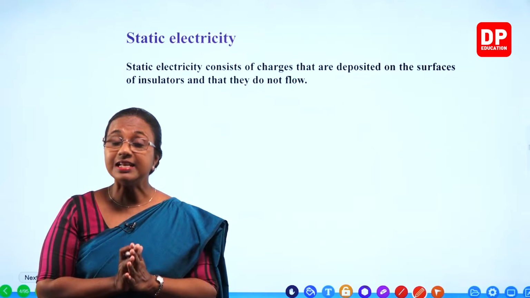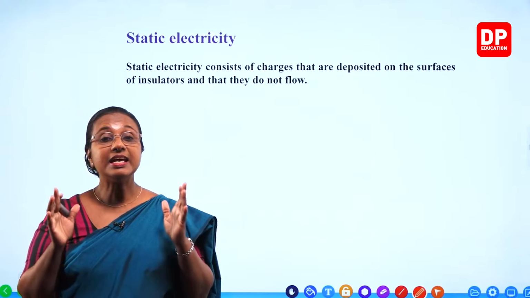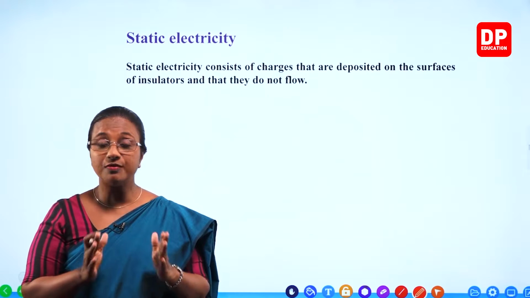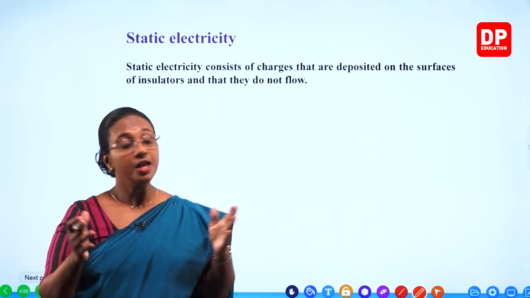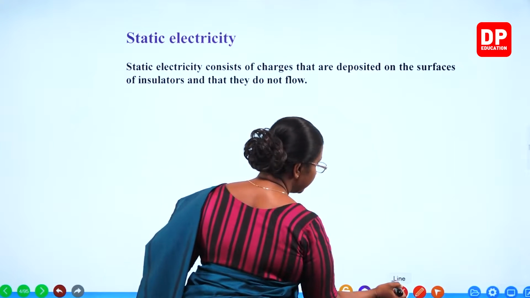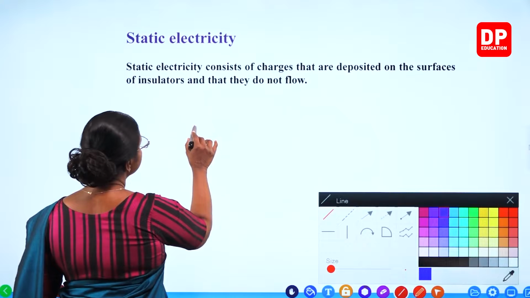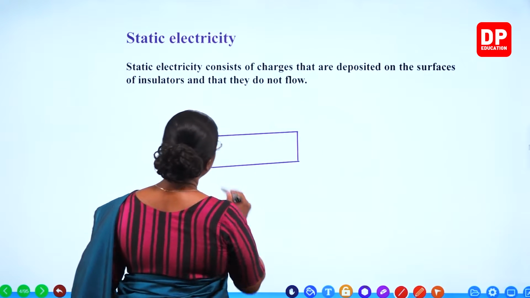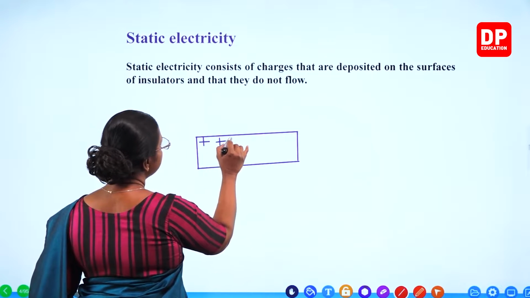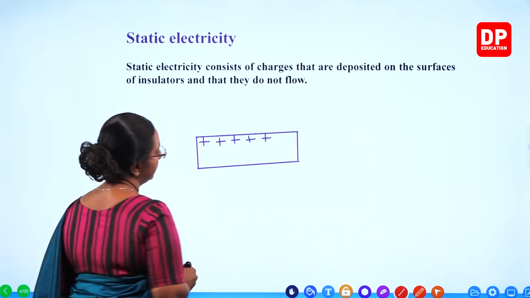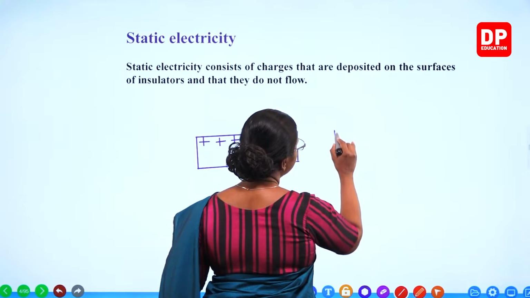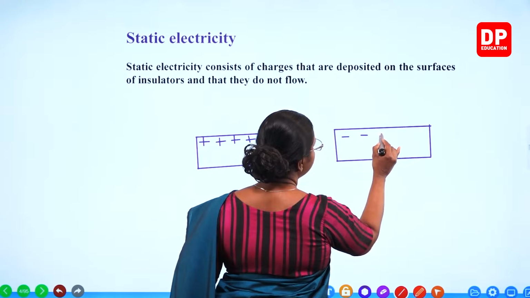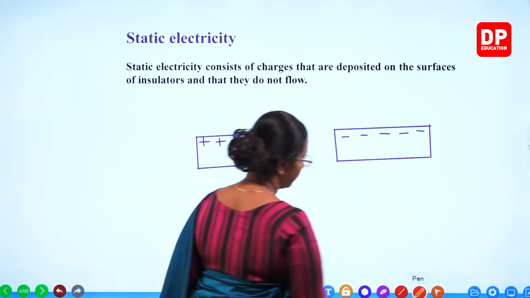So when we say static electricity, it is the electrical charges that are formed on the surface of an insulator. So for example, if you have a plastic material and there are, let's say, positive charges formed on it, or another material can get negatively charged.